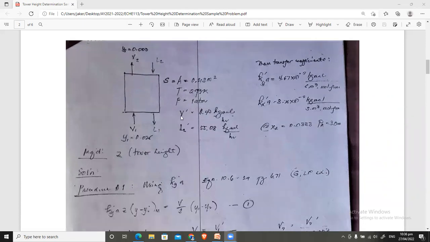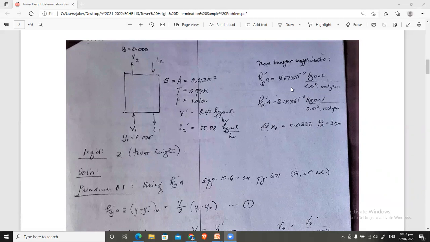Now, I have indicated here that your gas phase flow rate is based on the inert part of the gas, which is just the air, G prime, 11.43 kilogram mole per hour. For our liquid solvent, since it's all water, it could be represented as L sub 2 prime or simply L prime, because our solvent is pure water.